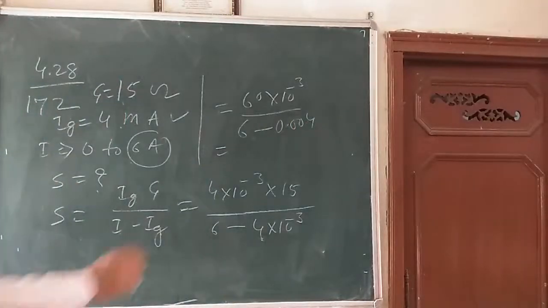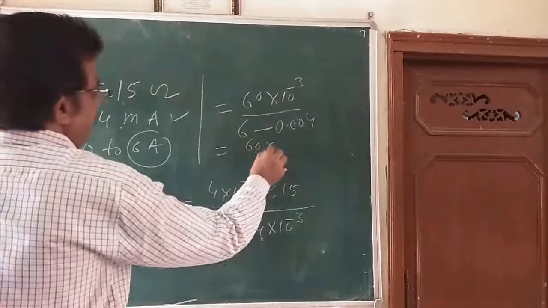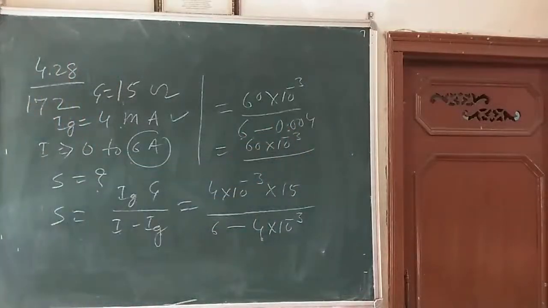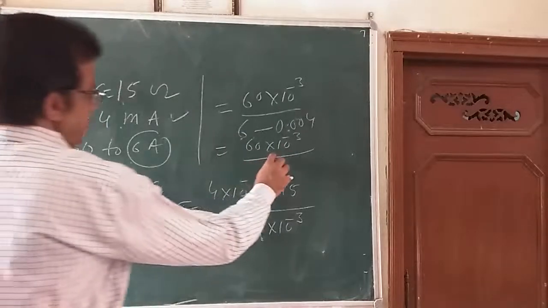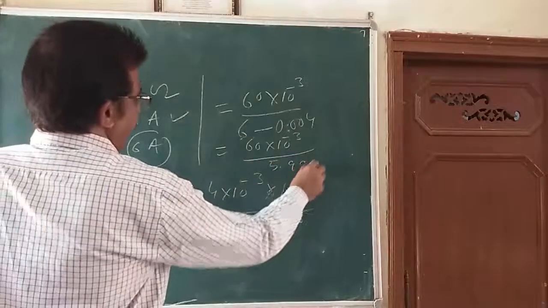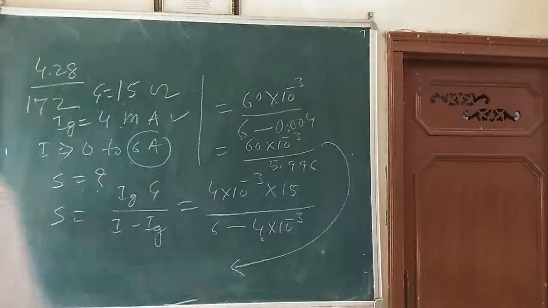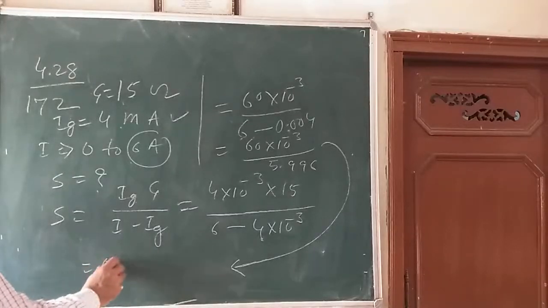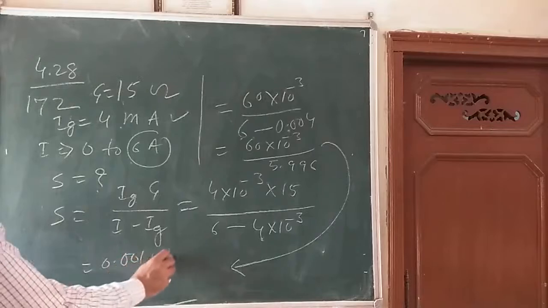So we will get 60 into 10 to the power minus 3 divided by, subtract this, that is 5.996. Then what are we getting? We are getting around 0.001 ohm.